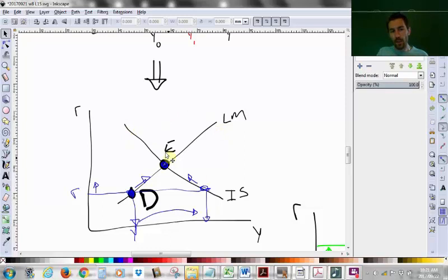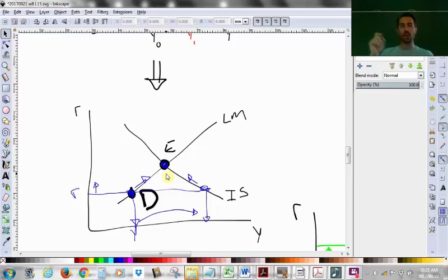So at the point where the IS curve and the LM curve cross, at that one point there, we are at a point on the IS curve and we are at a point on the LM curve, which means the goods market is in equilibrium and the money market is in equilibrium. So at this point of intersection, we have equilibrium in both those markets, which is pretty cool. You've got a whole lot of information all summarized in one diagram here.